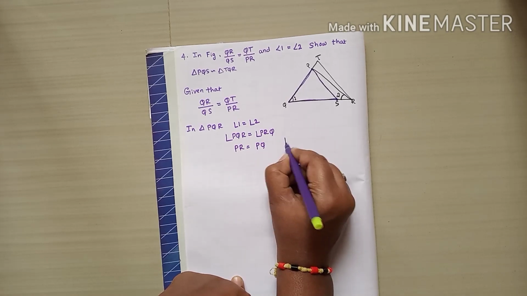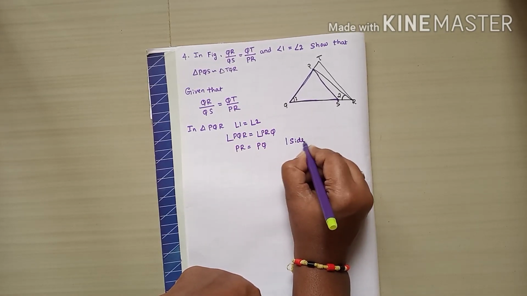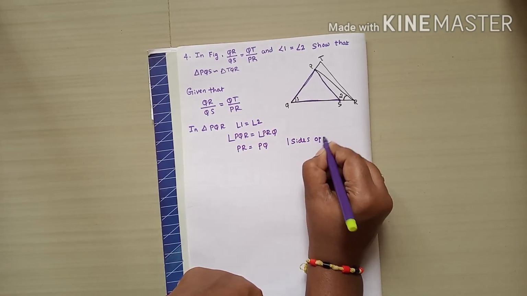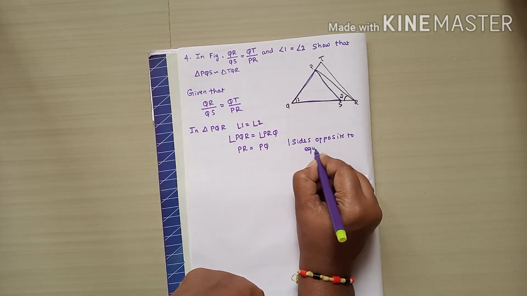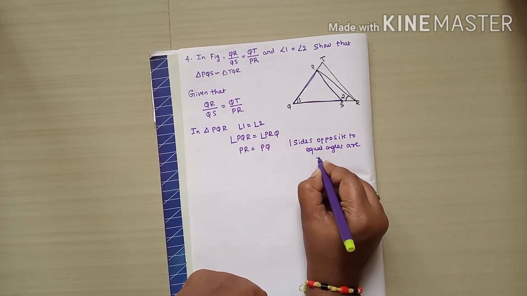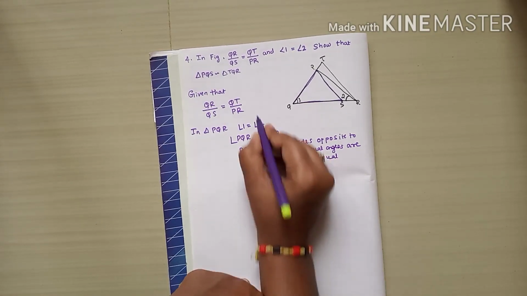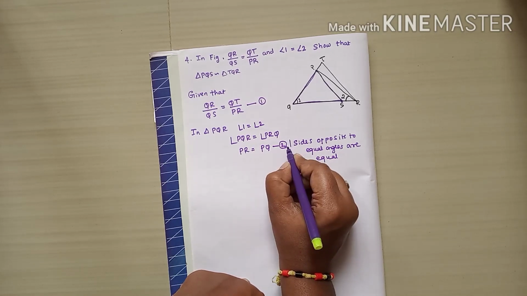What is the reason for that? Sides opposite to equal angles are equal.